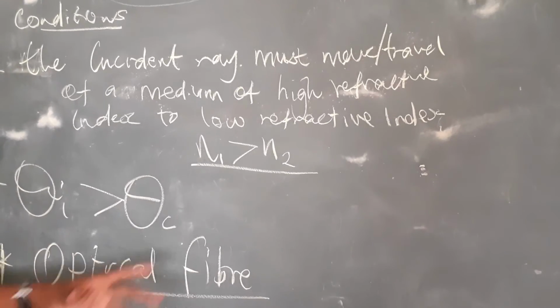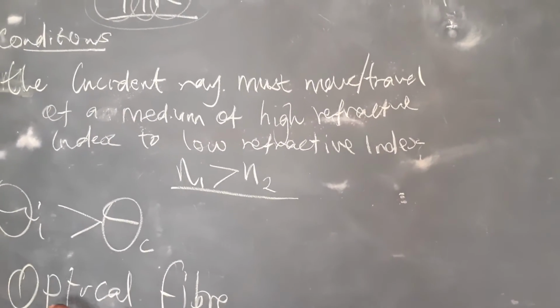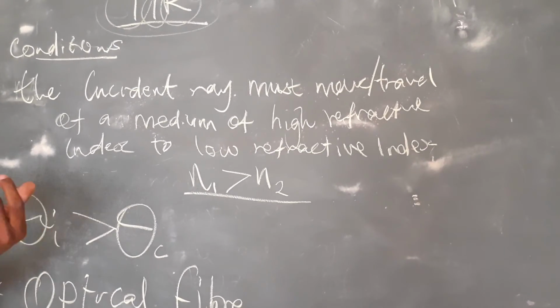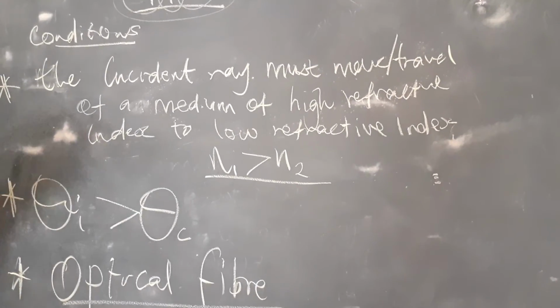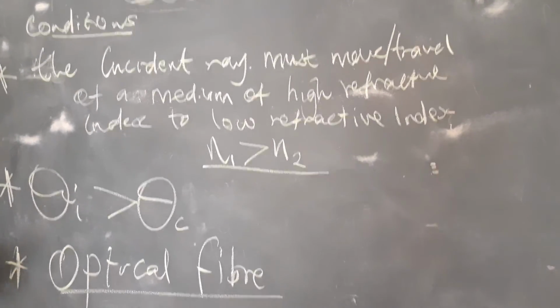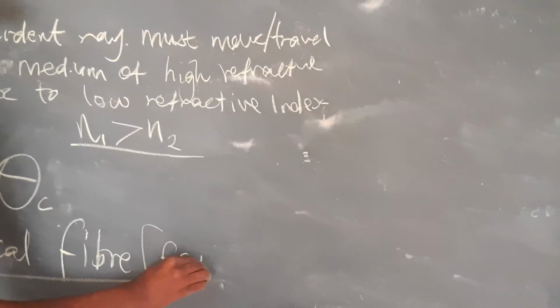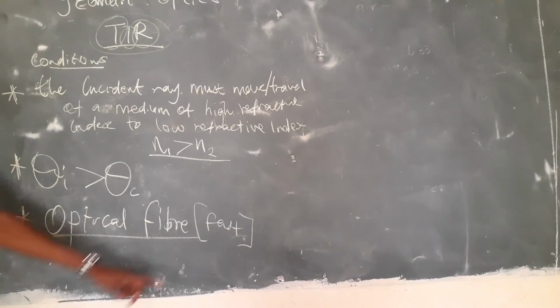Optical fibers are the fibers or cables we use to transport information through light, and they are very fast. The light traveling there is very fast.